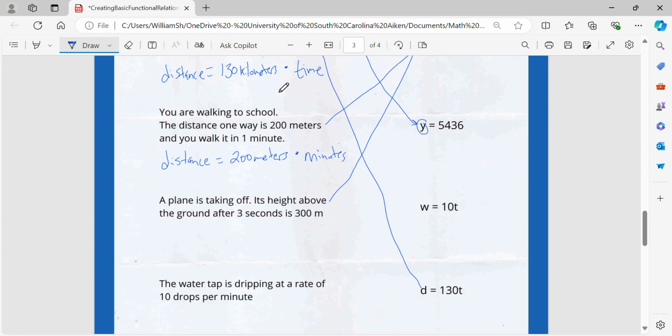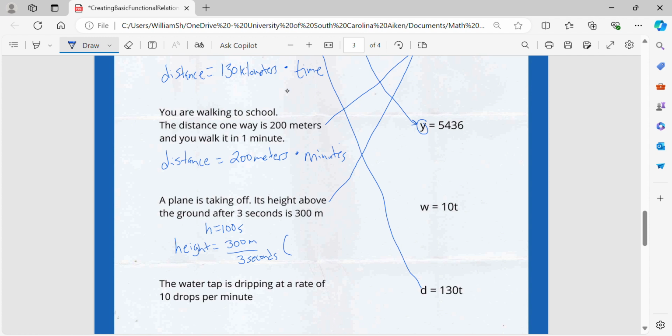So let's see how h equals 100s can be represented here. I'm going to rewrite it down here just so we can see it. h is clearly height. That equals, if we break it down to the original question, 300 meters per 3 seconds.